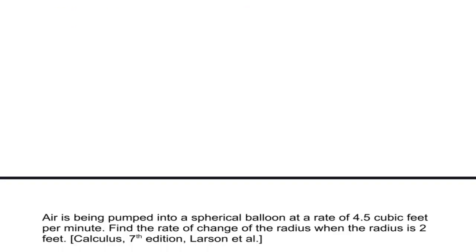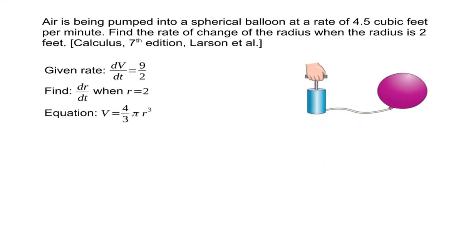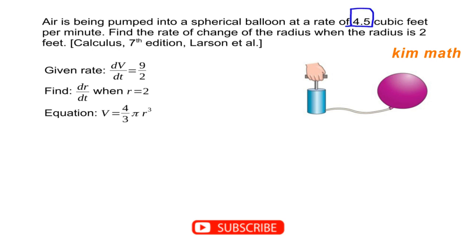Okay, first question. Air is being pumped into a spherical balloon at a rate of 4.5 cubic feet. What is the first number? 4.5 means that 4.5 cubic feet of air is pumped into the balloon each minute, right?